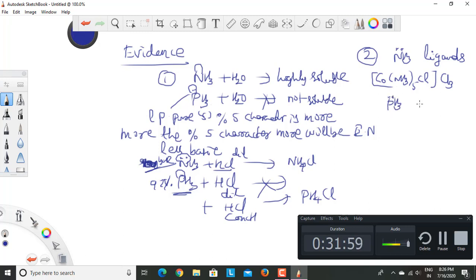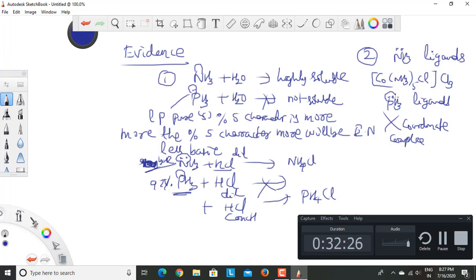If PH3 were a strong base, if PH3 had the ability to donate the lone pair, form a coordinate bond and act as a ligand, then it could form a coordinate complex, but it does not form any coordinate complex. So why does PH3 not form coordinate complex? This is explained by Drago's rule.